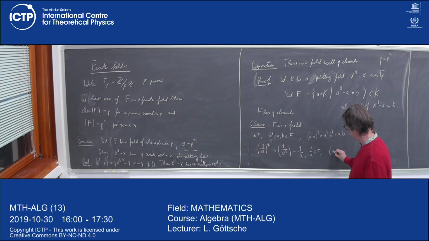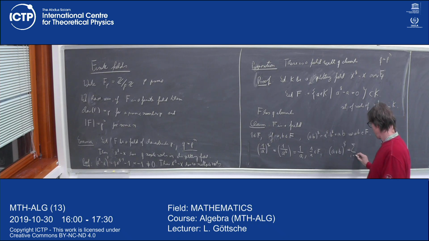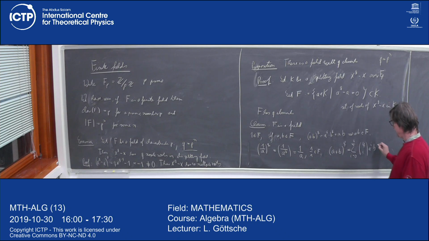If we take the sum A plus B to the Q, we compute this by the binomial theorem. So this is the sum over I from 0 to Q of Q choose I, A to the I, B to the Q minus I. It is well known that the binomial coefficient Q choose I is divisible by P unless I is equal to Q or I is equal to 0.